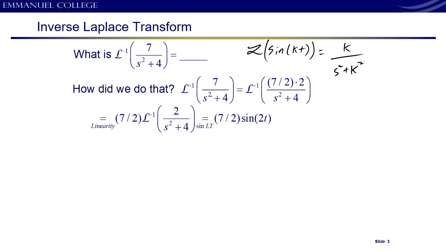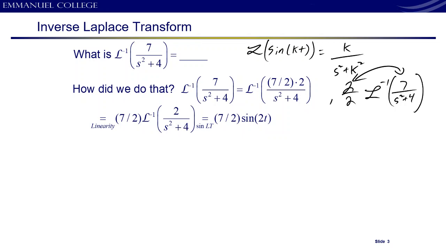Because basically what I'm saying is, another way to think about this is to multiply the front by 2 over 2. And then because it's linear, I can factor out constants. And because of that, really what we're doing is we're getting these two to swap places.